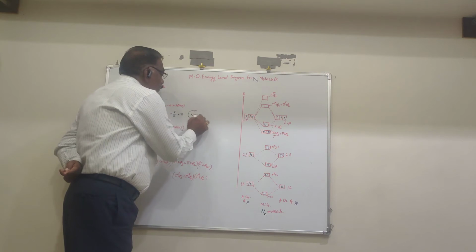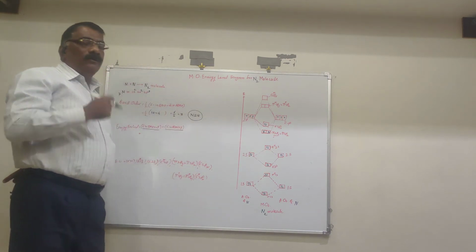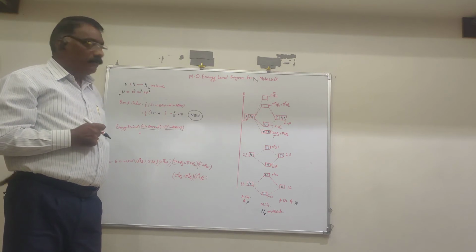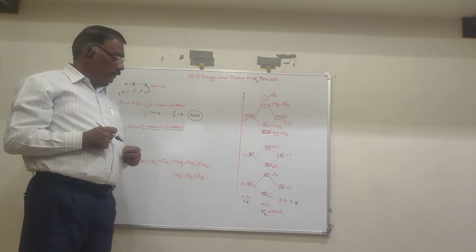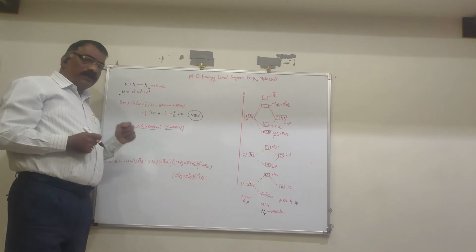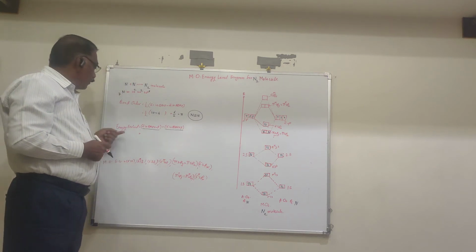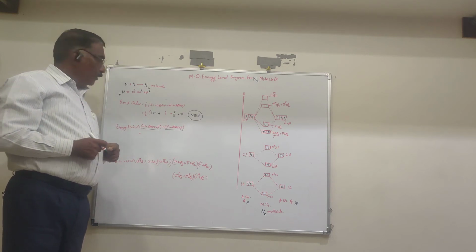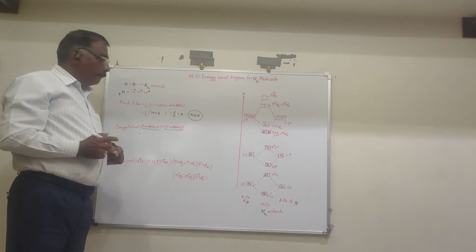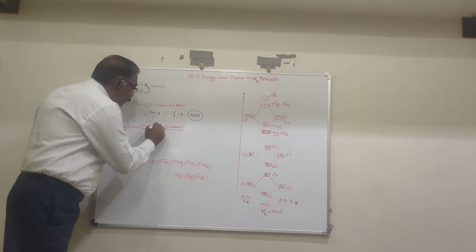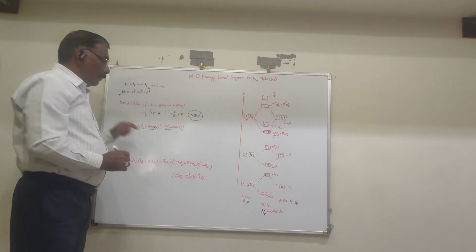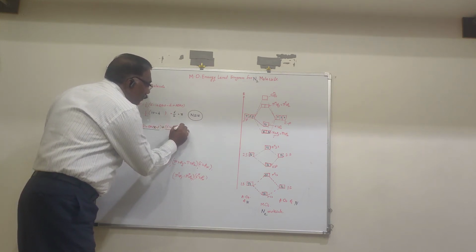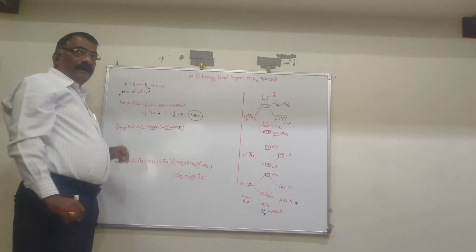Due to the triple bond, this bond becomes very, very strong and the molecule becomes inert. But will this molecule be stabilized? Yes. The energy evolved, or the stabilization energy, can be calculated by the formula: energy evolved is equal to electrons in BMO into minus beta plus electrons in ABMO into plus beta.